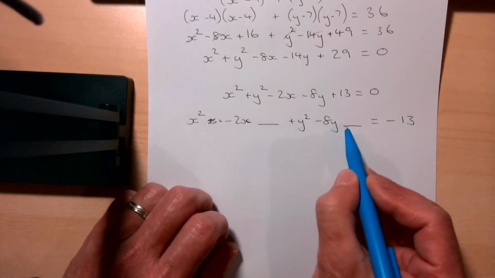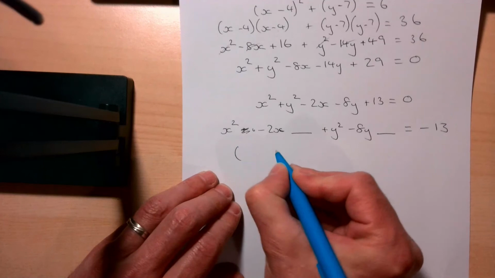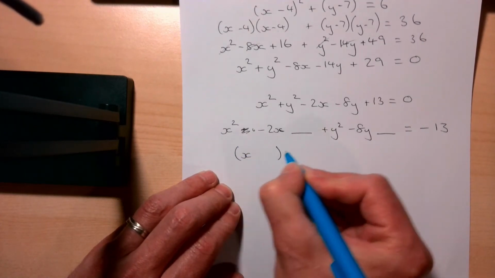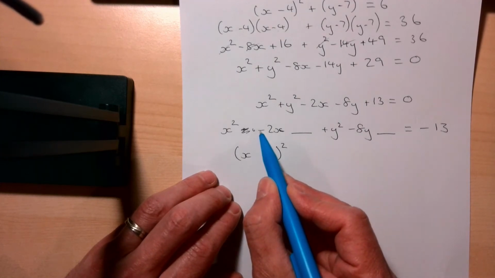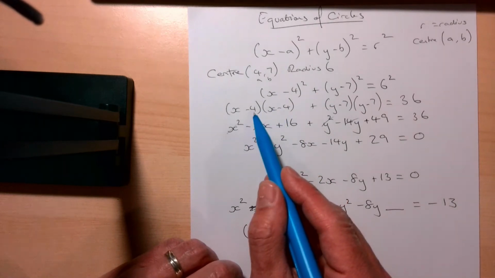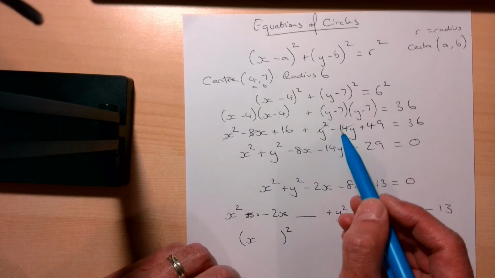So it's these two numbers I'm looking for. So when I factorize, I'm going to have x something squared. Well, for it to get minus 2x, what we did here, we doubled them. Doubled the minus 4, we get minus 8. Double the minus 7, we get minus 14.